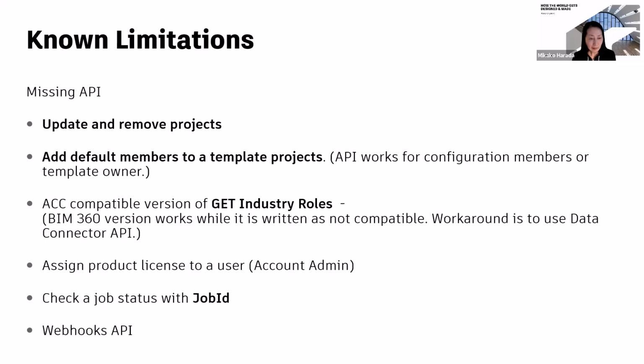And then checking job status with a job ID is another one which should follow. And then again, this is kind of a wish, an ideal wish, to have webhooks to notify us when the job is done, rather than polling many times.